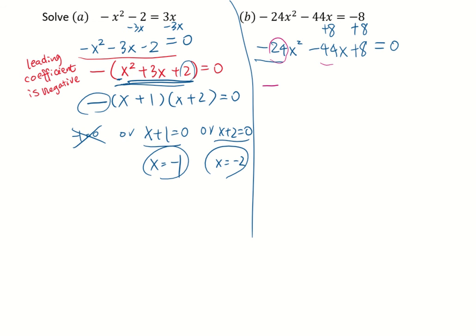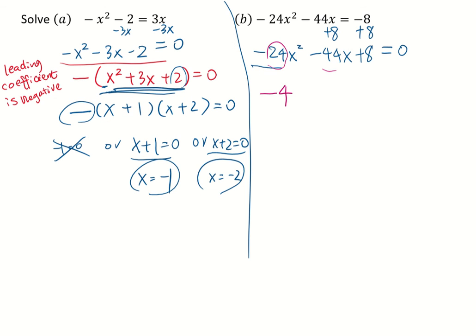I'm going to factor out a negative 4 here. So every term inside the parentheses will be the original term divided by negative 4. So I will have 6x squared plus 11x minus 2 equals 0.